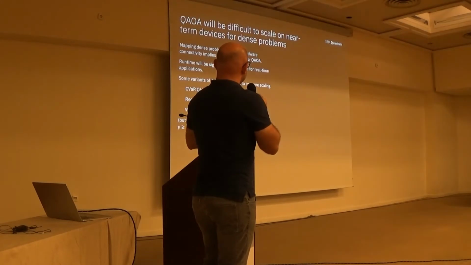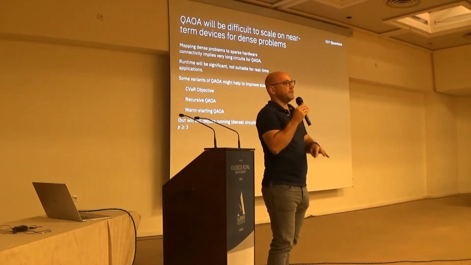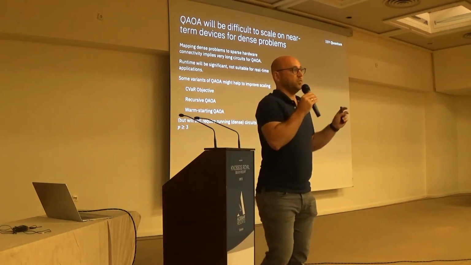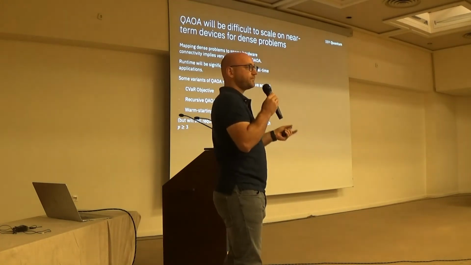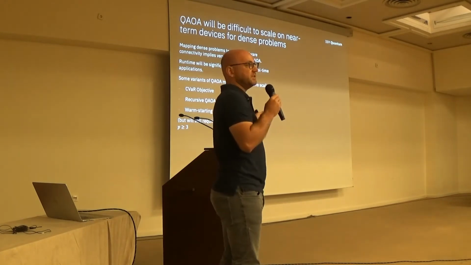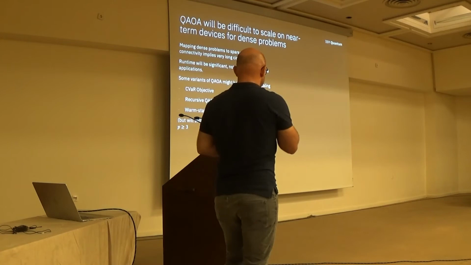All right, so to conclude on QAOA, this mapping from dense problems to sparse hardware is really a killer. At the moment we can run problems that match the hardware connectivity, but if we have to do all these swaps for dense problems, our swap strategies are pretty optimal, so there's not much to gain.